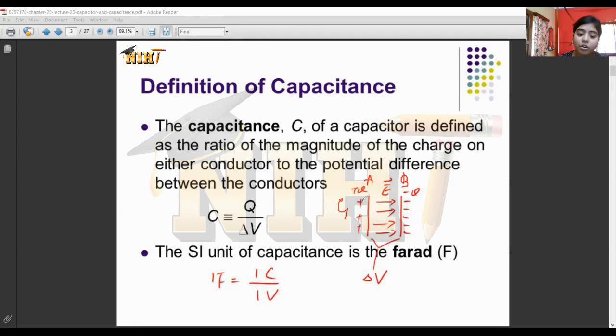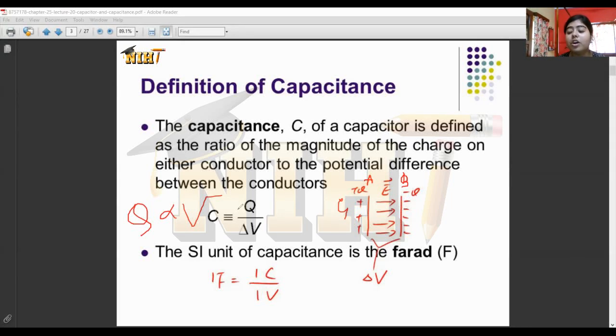We know the definition of capacitance: if you increase the charge, the potential of the conductor increases. So Q is proportional to V. We also discussed that if you pour more and more water in a vessel, the level of the water rises.